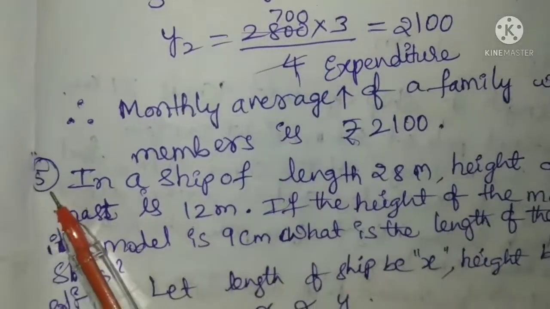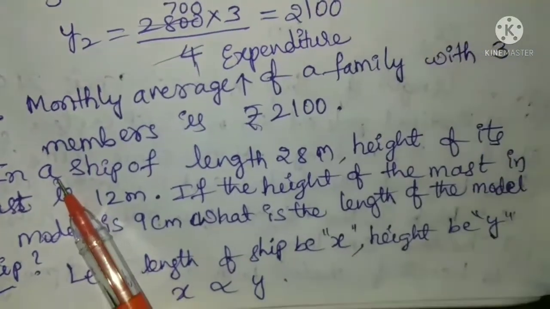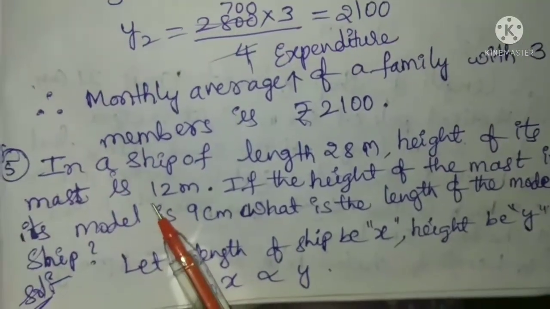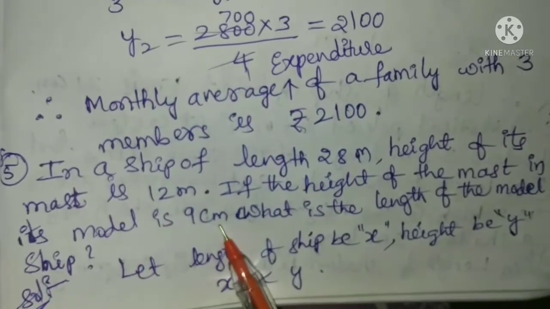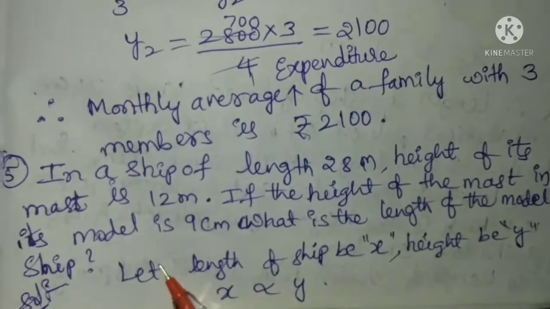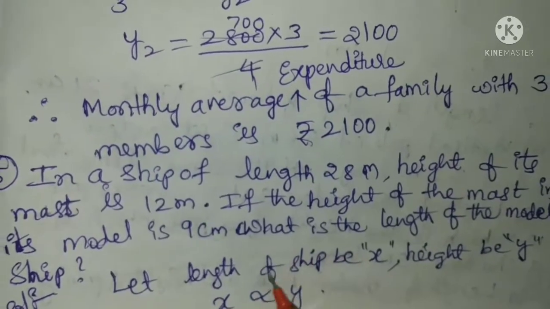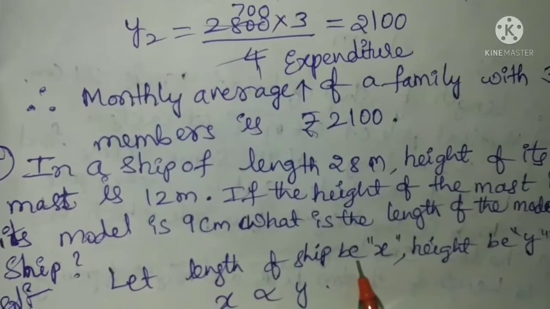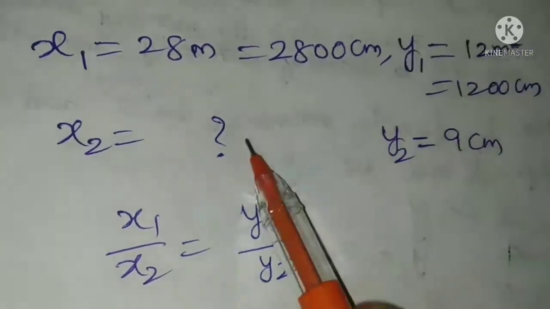Now, fifth question. In a ship of length 28 meters, the height of its mast is 12 meters. If the height of the mast in its model is 9 centimeters, what is the length of the model of the ship? Let the length of the ship be x, height be y. Then we know both are directly proportional. x is directly proportional to y. x1 is 28 meters.